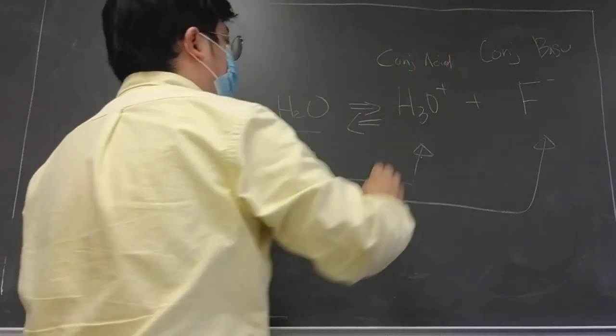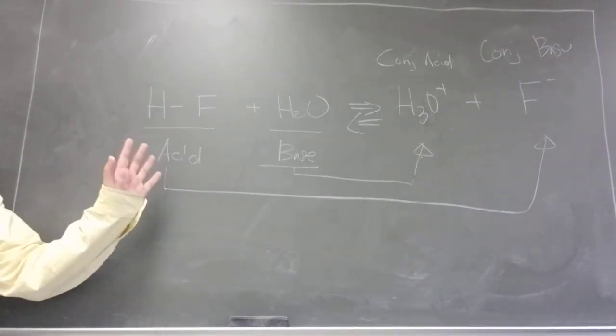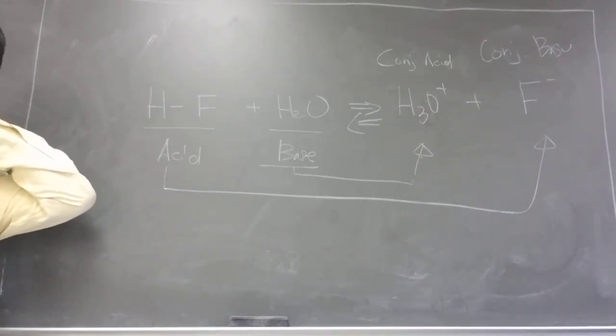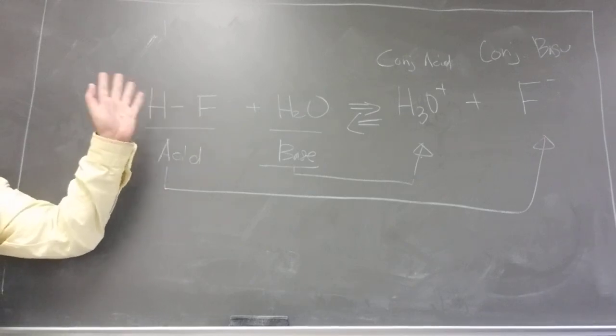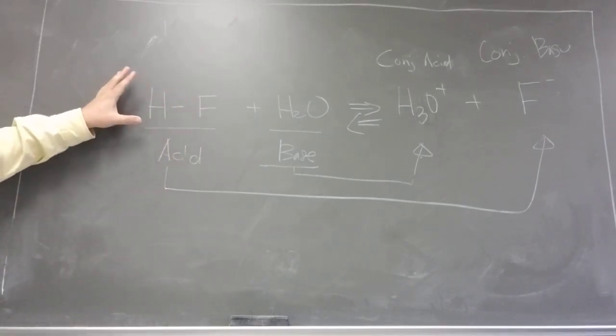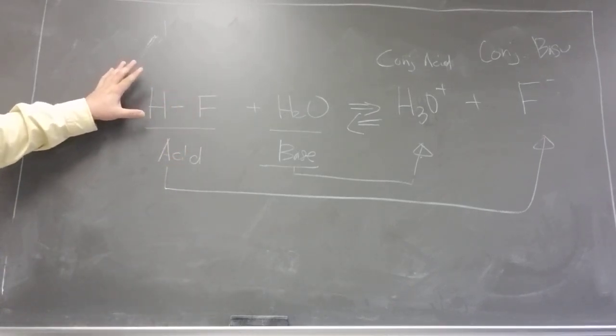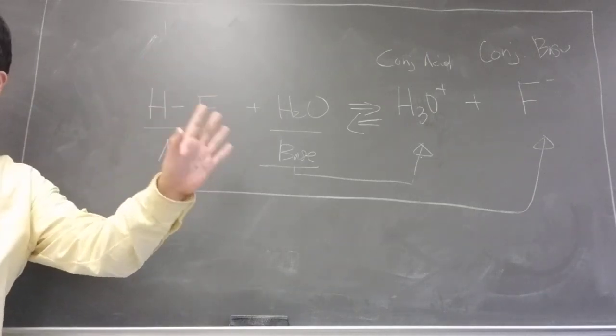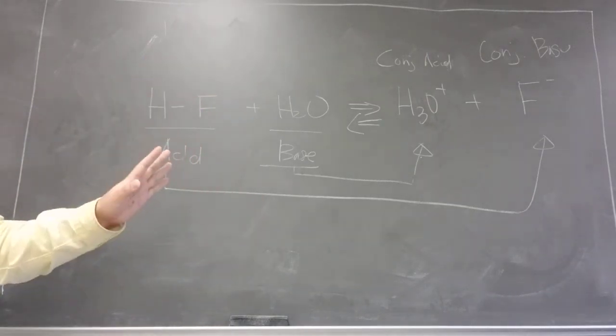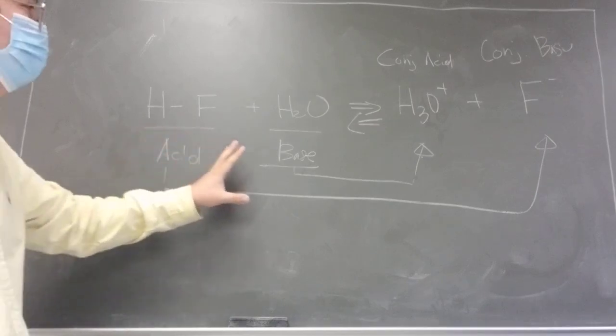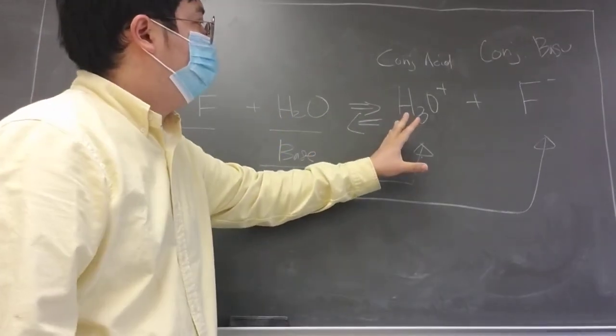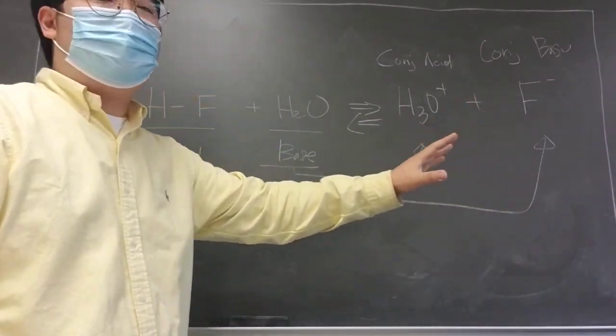On your exam, I'm going to show you another chemical reaction for acid-base neutralization, and you may see this equation and be asked which one is the conjugate acid or conjugate base. If you can tell me why this is the acid, why this is the base, and why this is the conjugate acid or conjugate base, that's all you need to know.